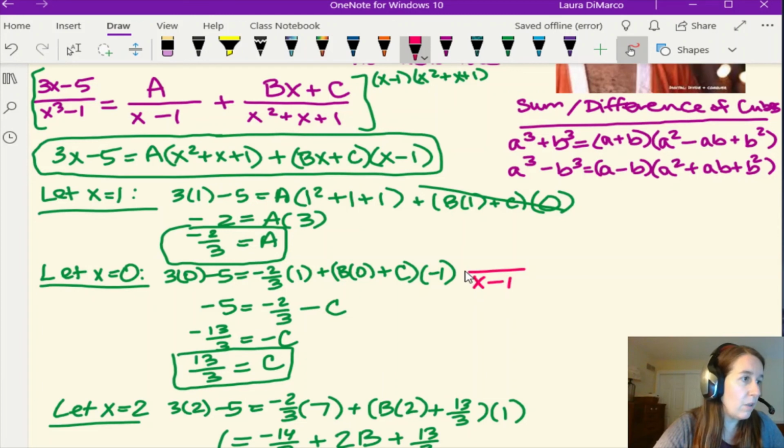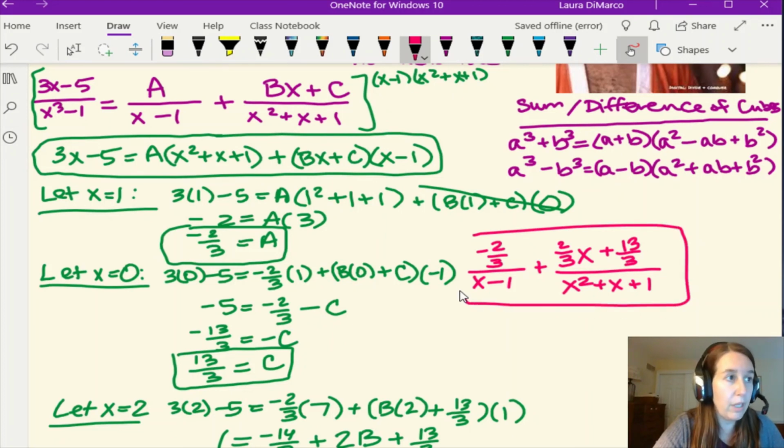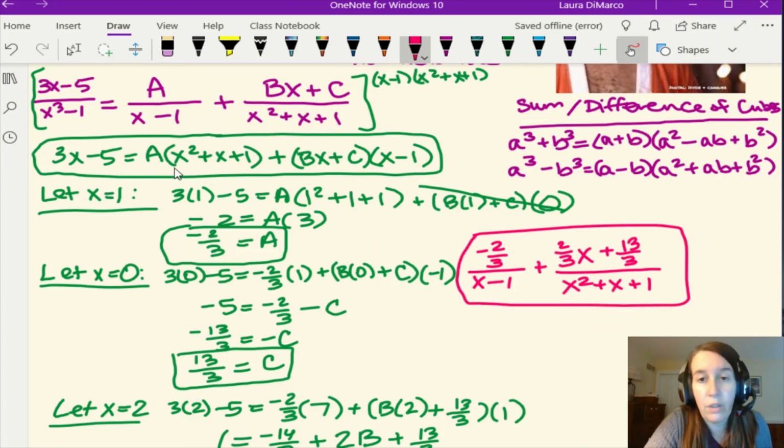I hope I didn't make you seasick. Okay, so a was -2/3. So -2/3 over x minus 1. Do not simplify more than that. Don't think you have to do something with the fraction in the fraction. Plus bx, now b I just figured out was 2/3 x, and then plus c, so plus 13/3, and that is over x squared plus x plus 1. And that is how we decompose that fraction.